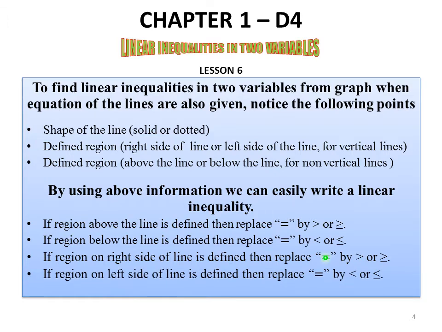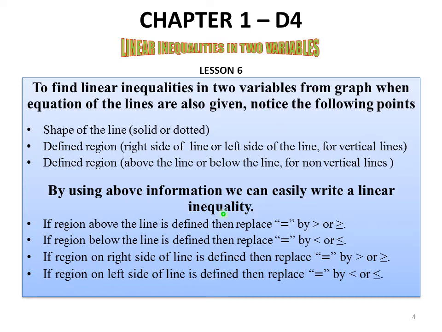And if the region on the left side of the vertical line is defined, then replace the sign of equality by less than or equal to. Greater than and less than sign for a dotted line, greater than or equal to and less than or equal to sign for solid lines.